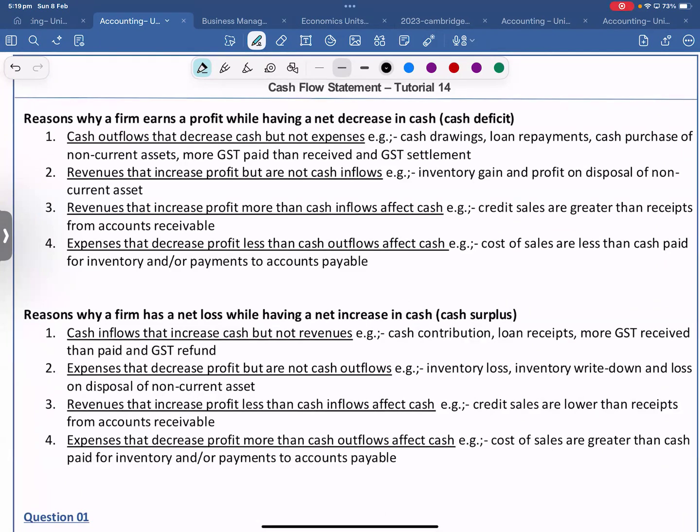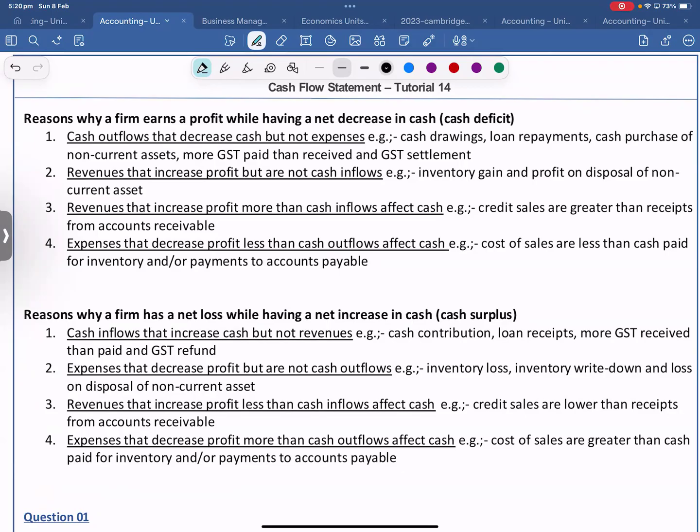So what are those reasons, guys? Firstly, cash outflows that decrease cash but are not expenses. Sometimes in VC, when we do questions, they'll say explain why the business has made a profit while having a net decrease in net cash flows from operating activities.